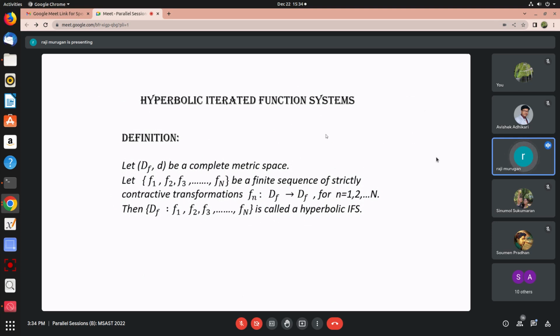Let (F, d) be a complete metric space. Let f_1, f_2, f_3, up to f_n be a finite sequence of strictly contractive transformations f_n from F to F for n equal to 1, 2, up to N. Then F such that f_1, f_2, up to f_n is called a hyperbolic iterated function system.